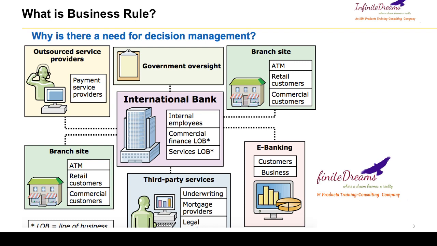Similarly, if a commercial customer is coming, do not give more than 5 lakh rupees to that customer. If a retail customer is coming, the daily withdrawal limit for him is only 20,000 rupees. So there will be multiple business rules written, and when the process is executed, those rules are executed.